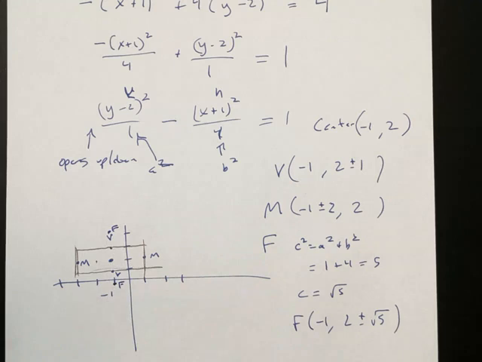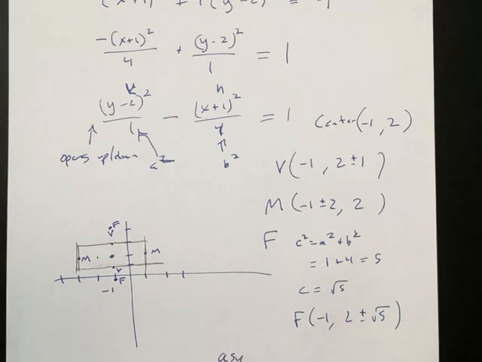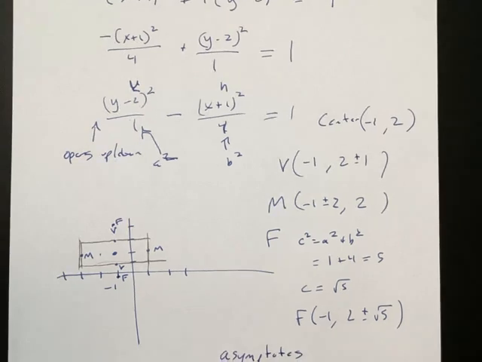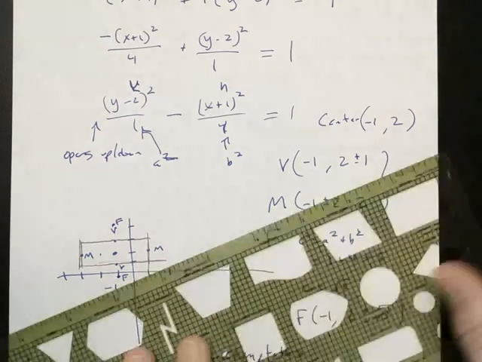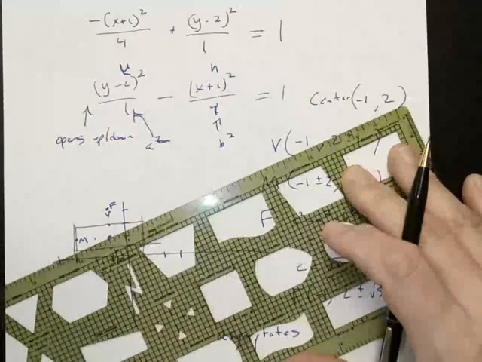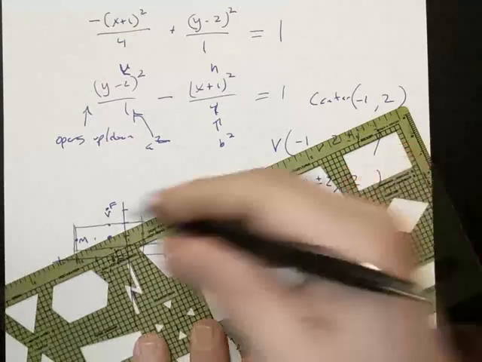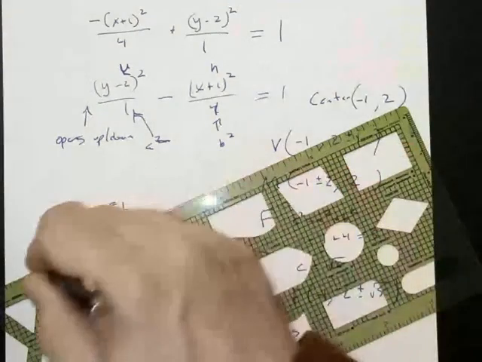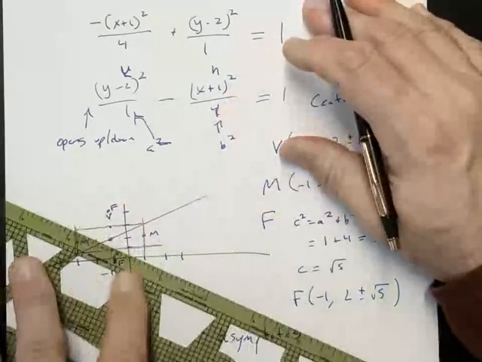The other thing I need are the asymptotes. Now, I'm going to draw them. So out comes my ruler, and I go corner to corner in the box. Both ways.